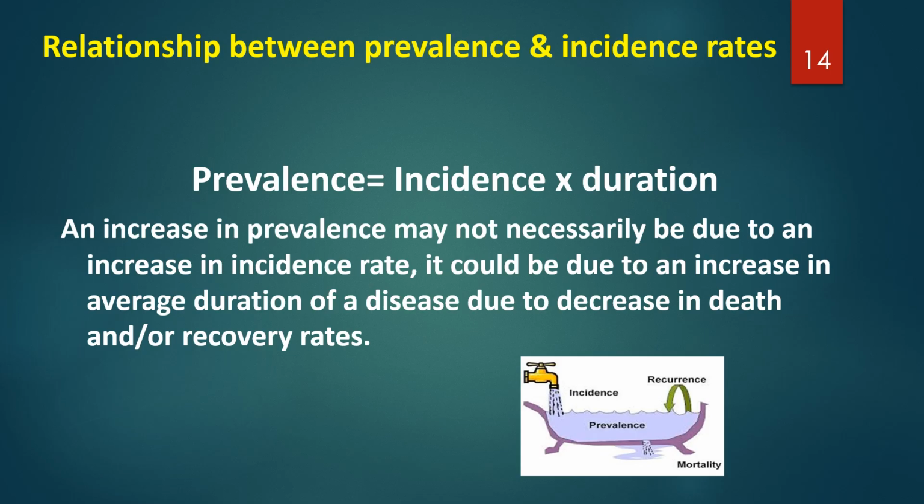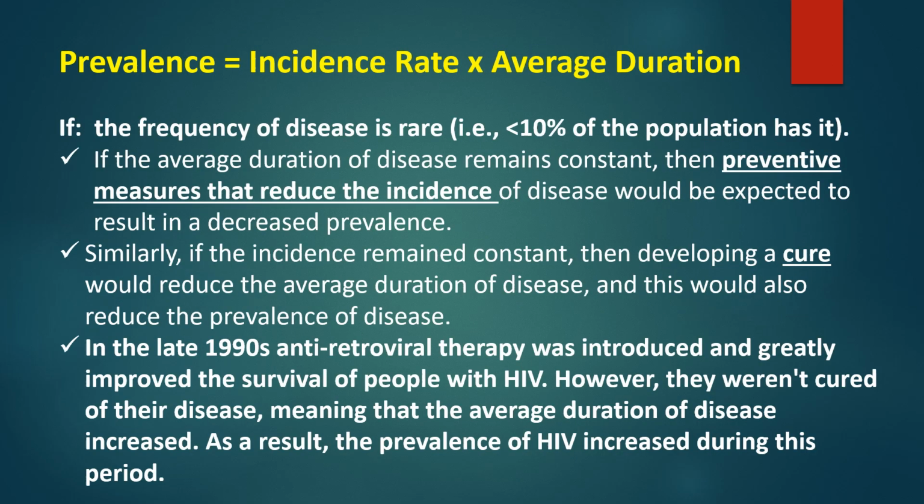People are living longer with the disease due to decrease in death rate or recovery rate. So don't forget, prevalence equals incidence rate multiplied by average duration of the disease.